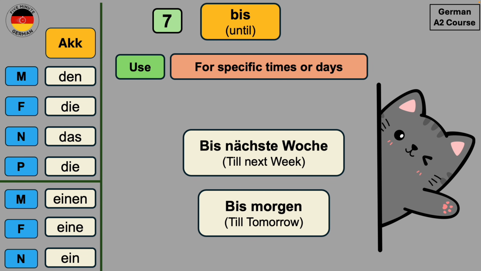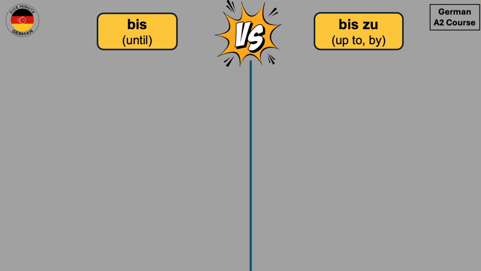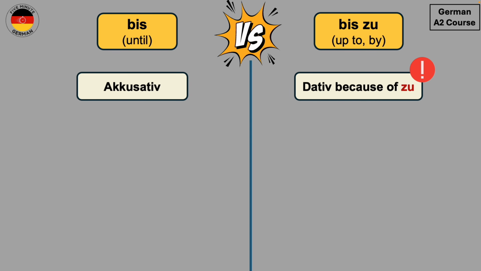Now we have learned bis. However, what you will commonly see is bis zu in different sentences, and I want to just give you a little bit of information of what is the difference between the two so that you don't get confused. So bis means until and bis zu means up to or by. And the main difference is that bis is accusative, as we have just learned, whereas bis zu is dative because of zu.